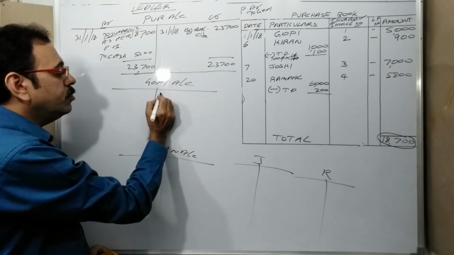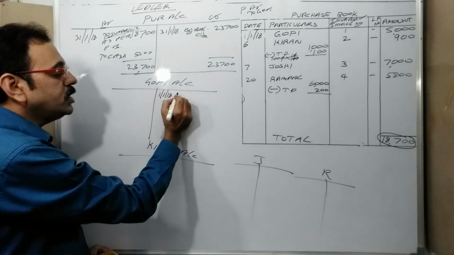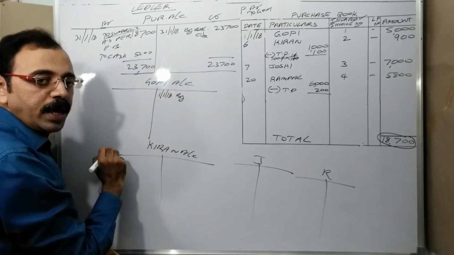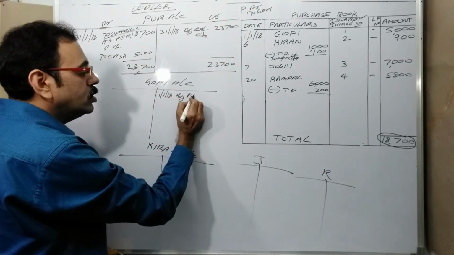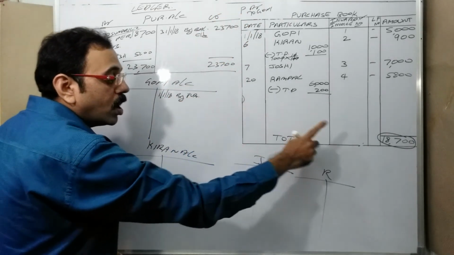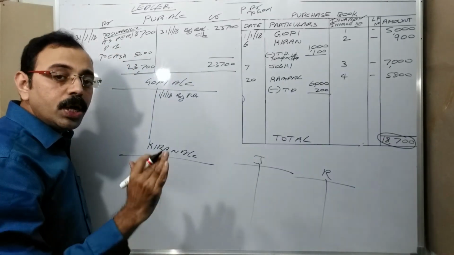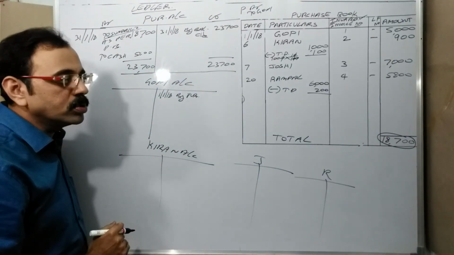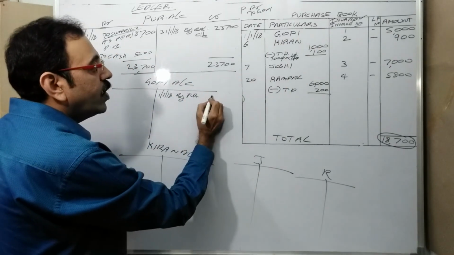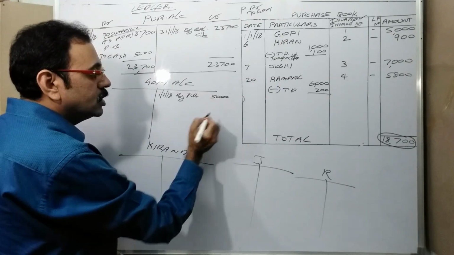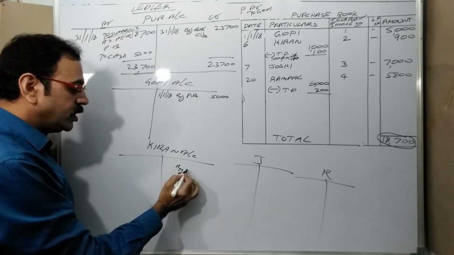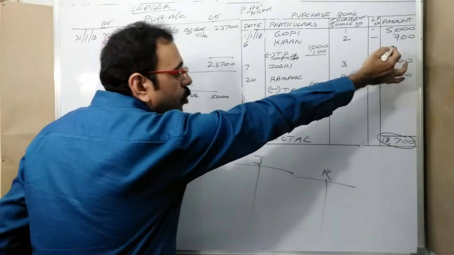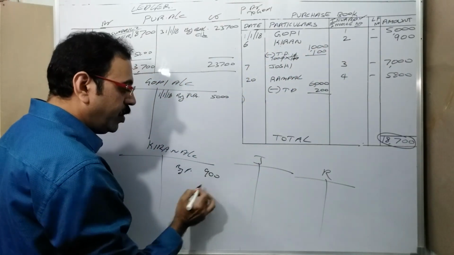In the date column, write down the transaction date. Start with "by". What to write? The other account name, that is, purchases account, and the amount is not the total, only the Gopi-related transaction amount. The amount is 5,000 rupees. Similarly, in the Kiran account, by purchases, the final amount is 900 rupees.